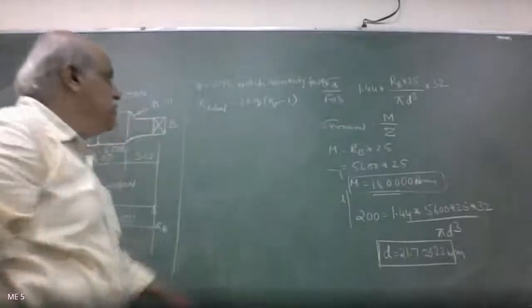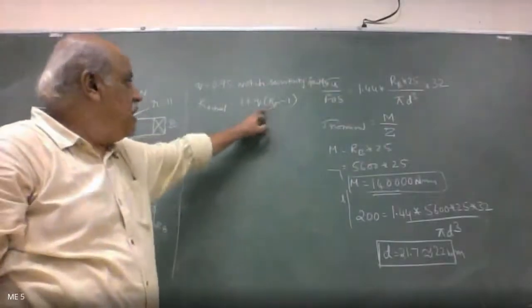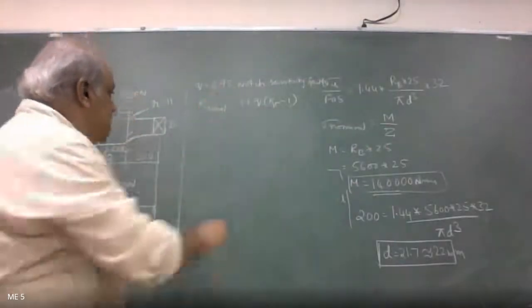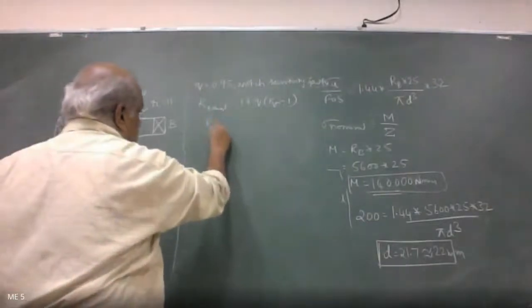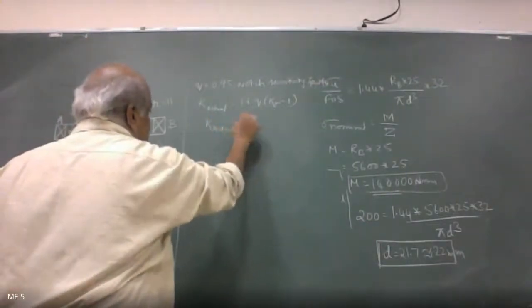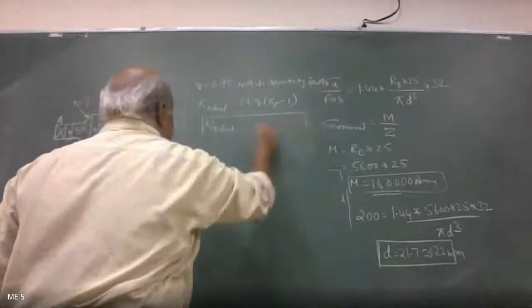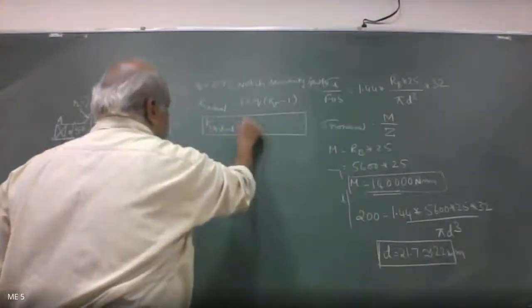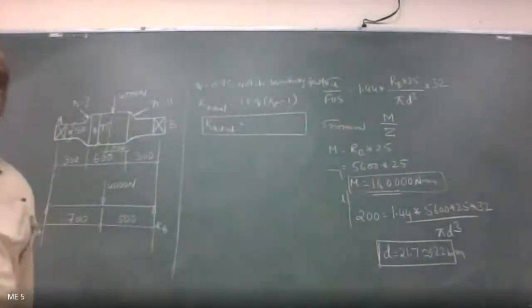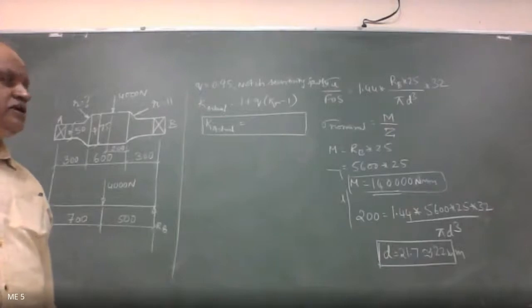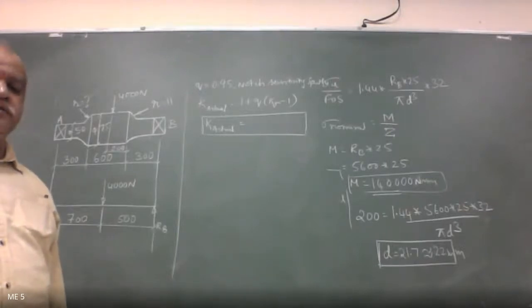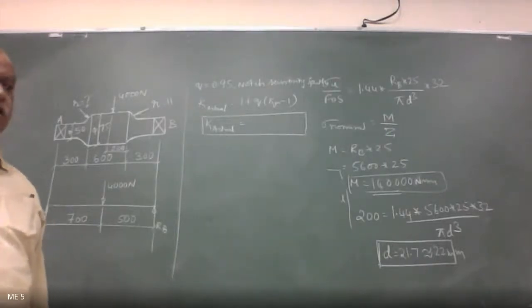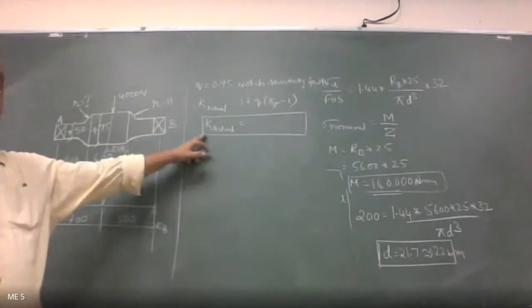So when I find out K sigma, I use the 0.95 and then find out K actual. This is going to be the stress concentration factor that we are going to use for further calculations. That is the first thing. Second thing we need to do is find out that K actual.